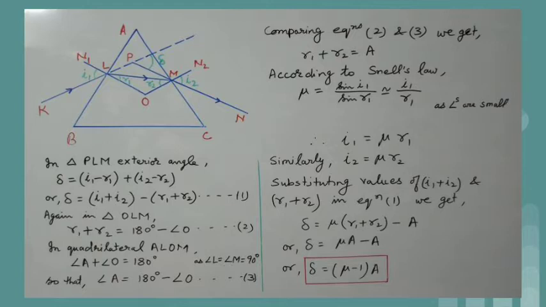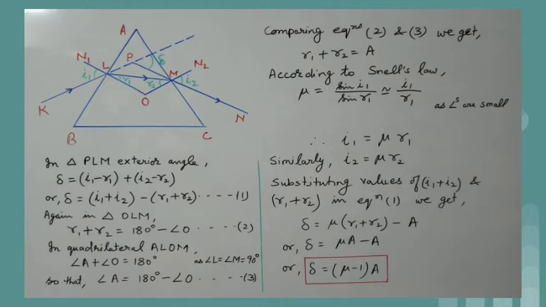Now see in the triangle PLM, the exterior angle delta is equal to I1 minus R1 plus I2 minus R2, or delta is equal to I1 plus I2 minus R1 plus R2.